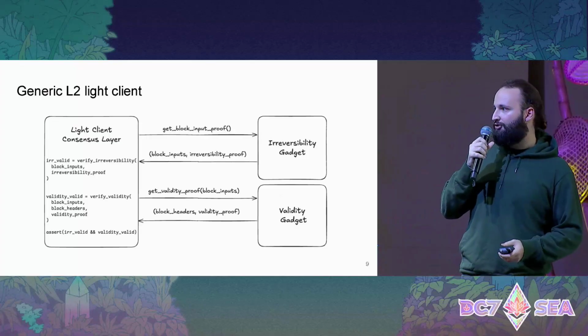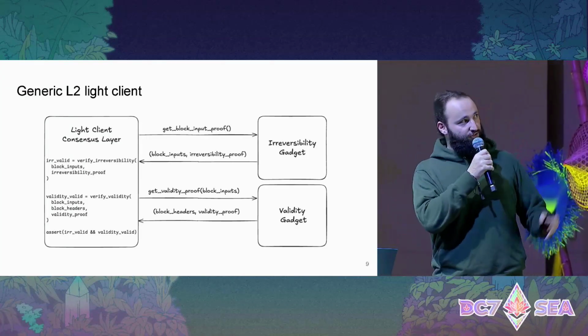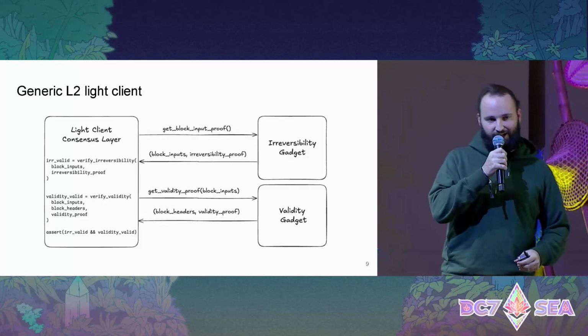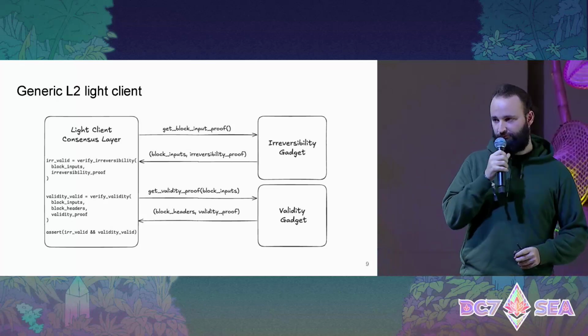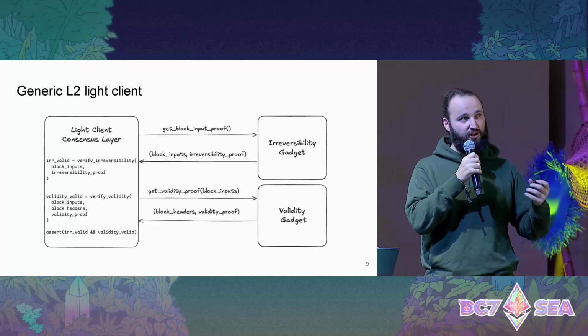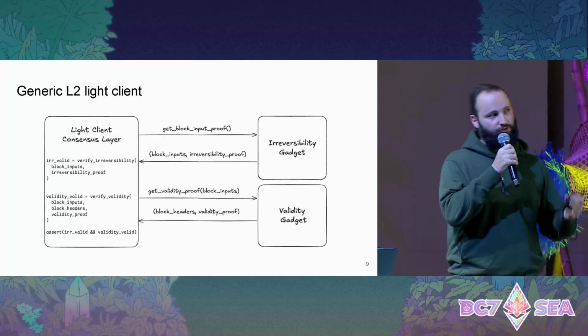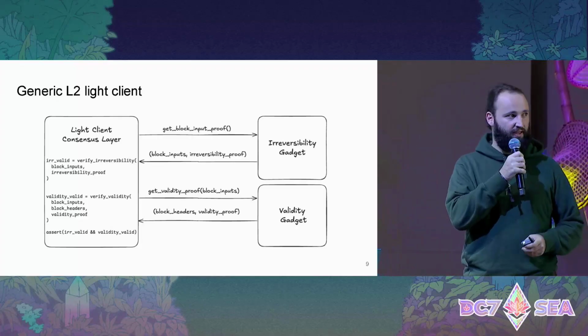So once we have these gadgets, we can implement a generic view of an L2 light client. In this example here, we have the light client, the Irreversibility gadget and the Validity gadget. The light client starts by saying, hey, Irreversibility gadget, convince me what the block inputs are. And it receives the block inputs and a proof, it checks the proof, and now it knows the inputs. So next it talks to the Validity gadget, says, hey, Validity gadget, convince me of what the block outputs are.